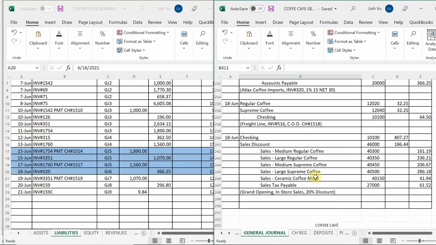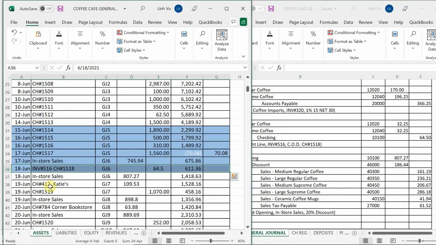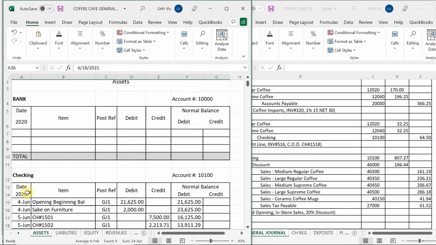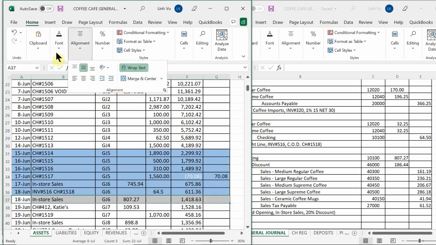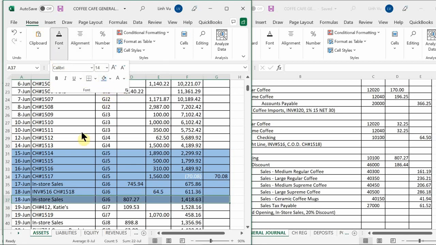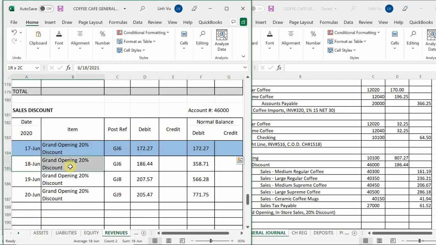Now we have another sales for the store. So again, checking in-store sales for the 807. Okay. So we have to go to revenues. Sales discounts first. Okay, for 186.